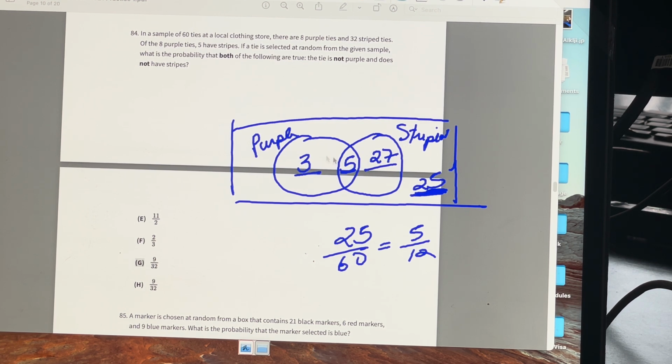Hang on a second. Of the 8, 5 have stripes, so that goes over here. 32. And 3 is 30. 25 out of 60. Why is this not working?